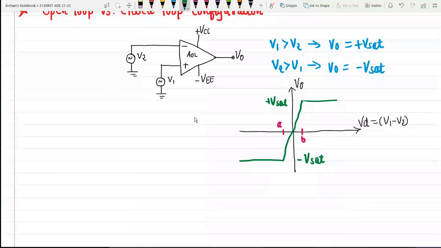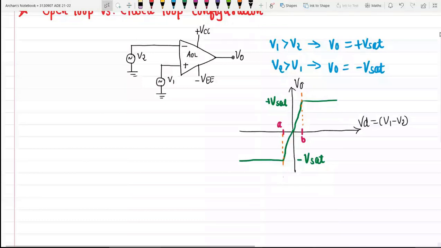Now you can see this range is very small. Suppose we are not applying any input voltage at all, even then the very small noise voltage present at the input will get amplified due to the high open loop gain, and our op amp will get saturated. This is called saturation of the operational amplifier.